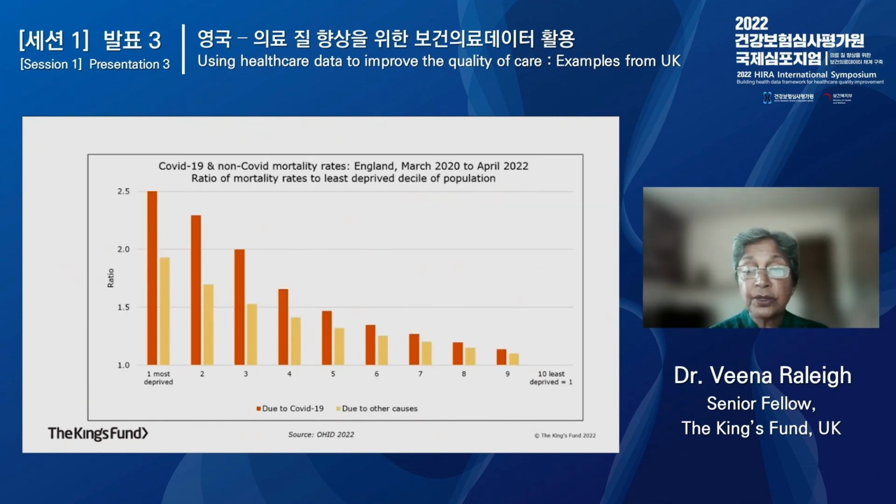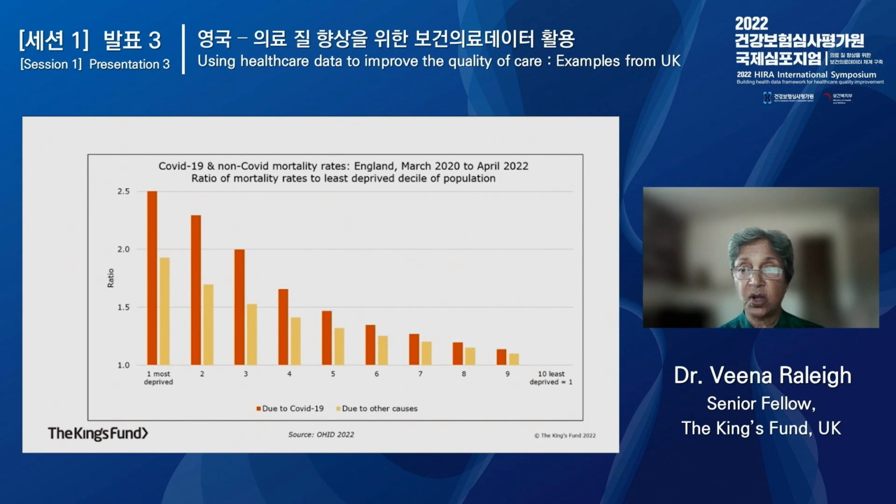This slide shows mortality rates for COVID and non-COVID causes in deciles, that's 10% of the population, in different socioeconomic groups, the poorest being on the left, the most deprived, and on the right you have the least deprived.